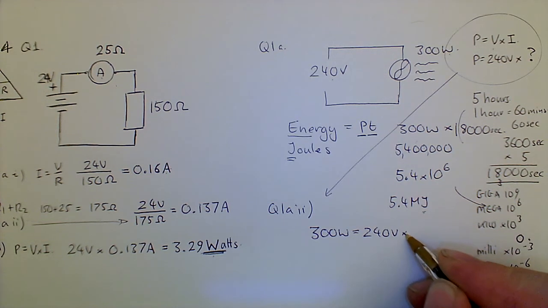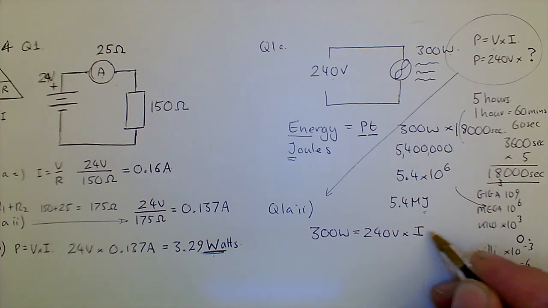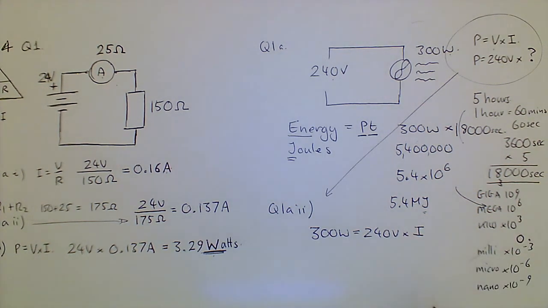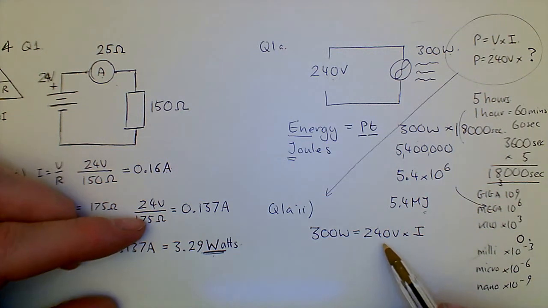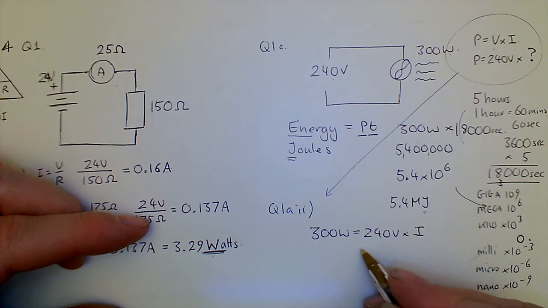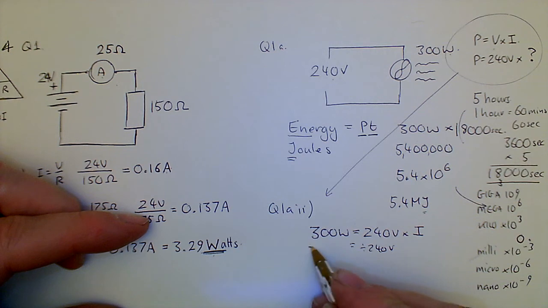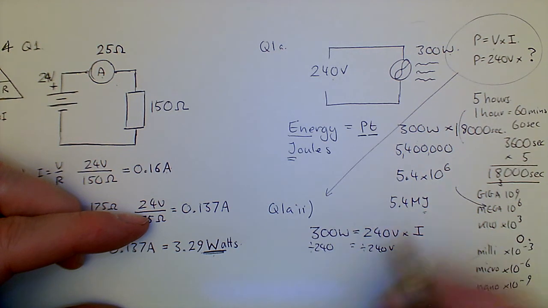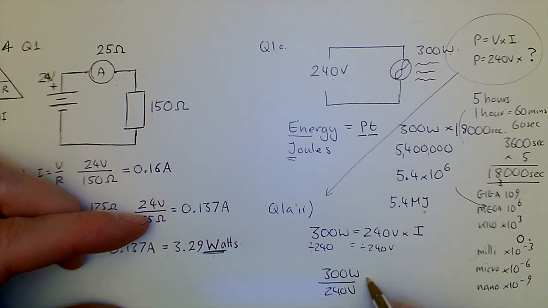So we're multiplying it by the current I, which is something that we don't know. Use algebra to cancel out the 240 volts. It's multiplying here, so you would divide by 240 on this side. You always do the same on the other side, so we're going to divide by 240. So we'll end up with 300 watts divided by 240 volts is equal to I.